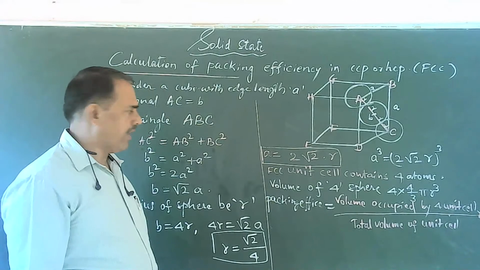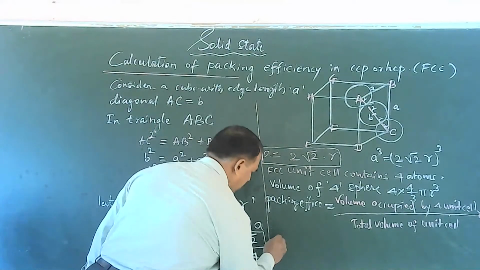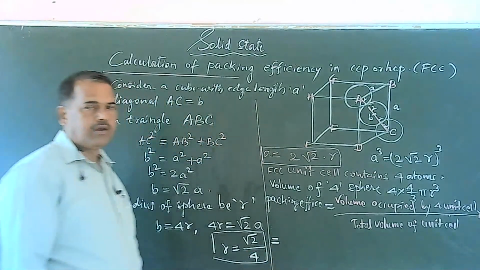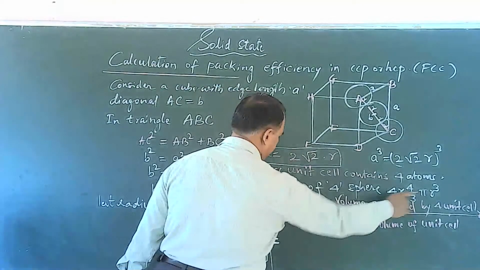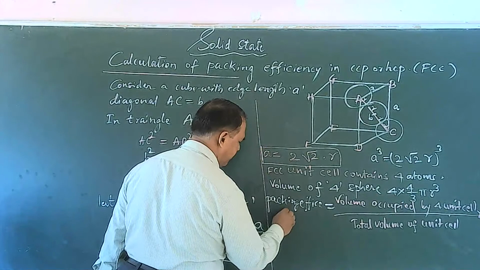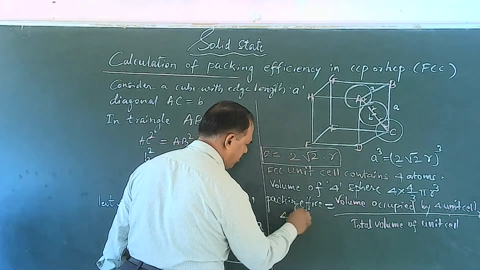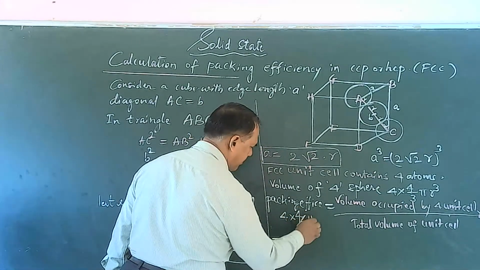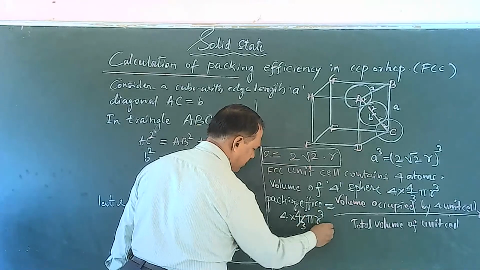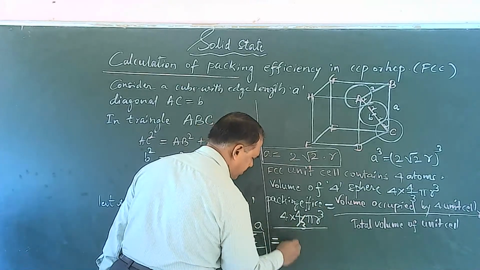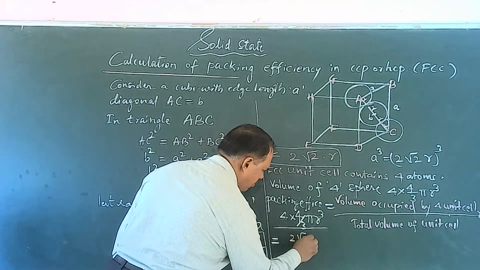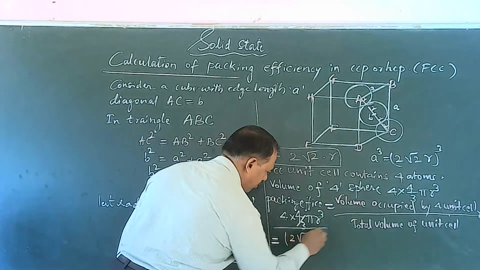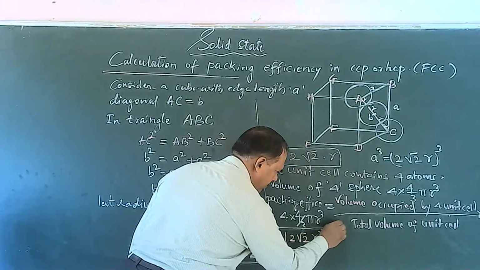So volume occupied by the 4 spheres is 4 into 4 by 3 pi r cube divided by A cube. A cube is nothing but 2 into root 2 R the whole cube, into 100.